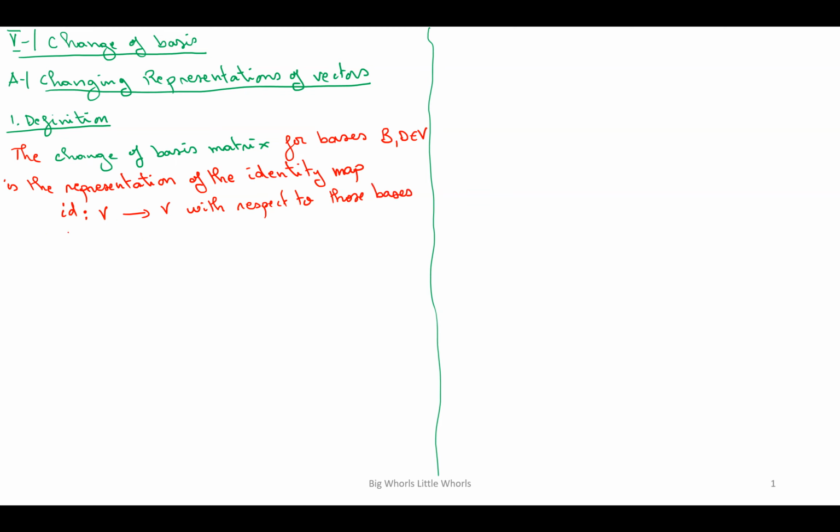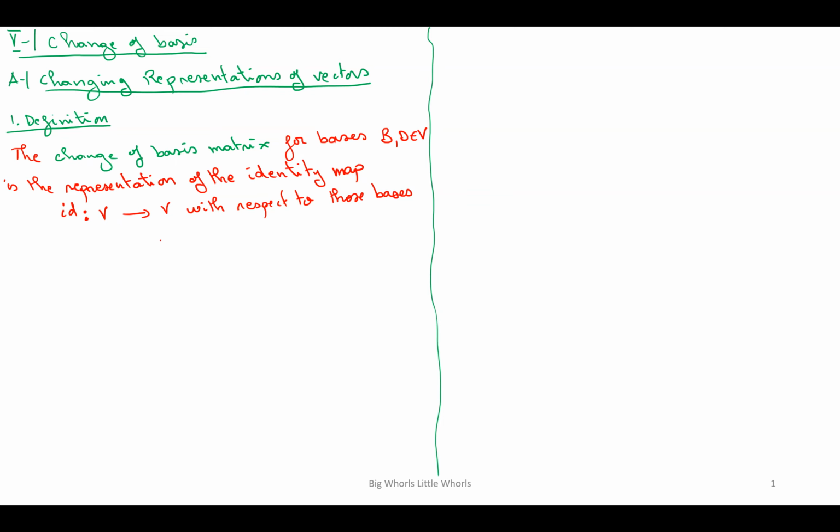So this is how we can write the underlying map, the identity map from V to V. We are not changing the domain space. We are not changing the nature of the vector, or the vector at all, but we are changing the basis.